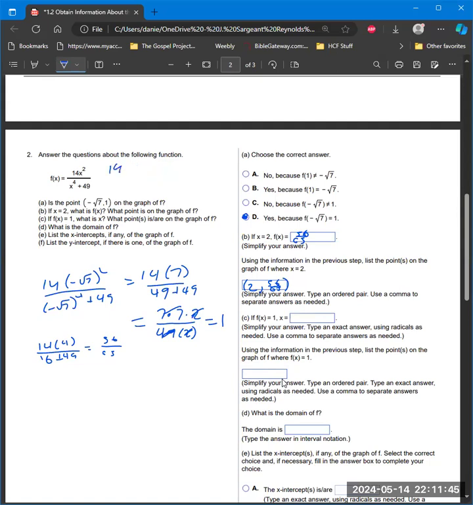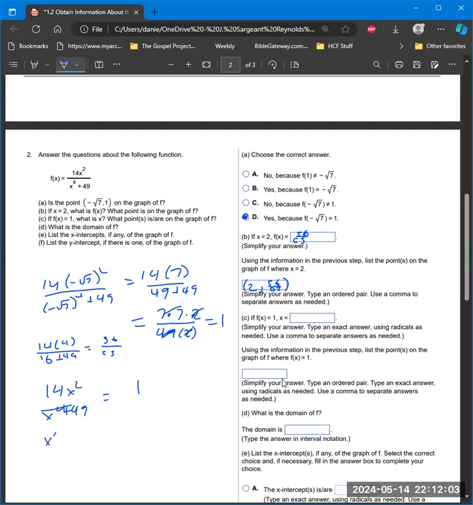So if 14x squared over x to the fourth plus 49 equals 1, then let's do that down here. 14x squared over x to the fourth plus 49 equals 1.